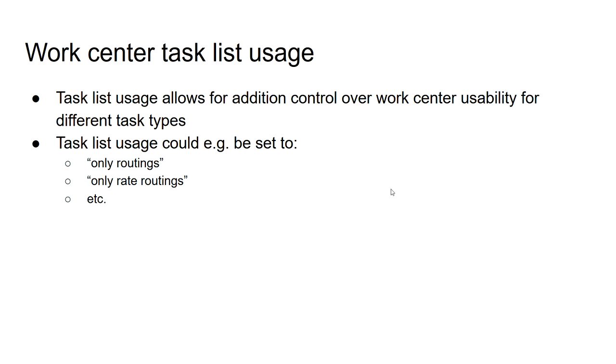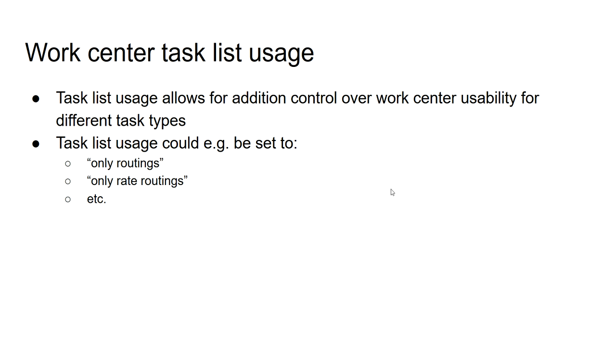Another thing that's important to notice when working with work centers is that you can specify a task list usage. Task list usage is something that you should be interested in if you want to have additional control over work center usability in routings.